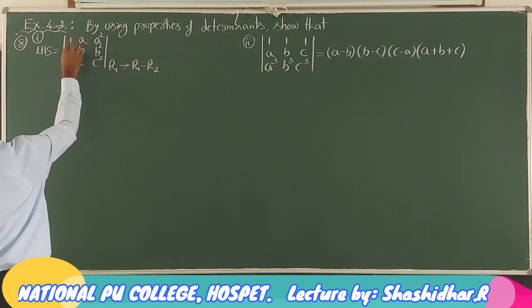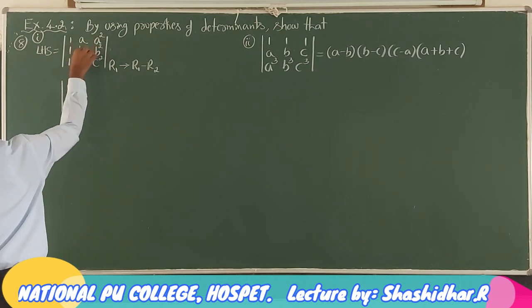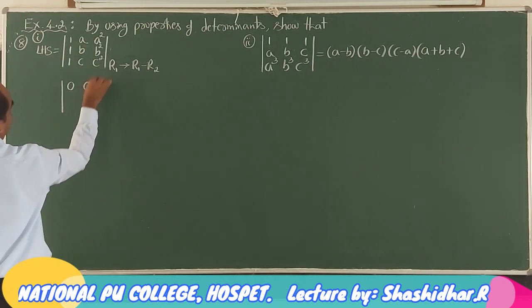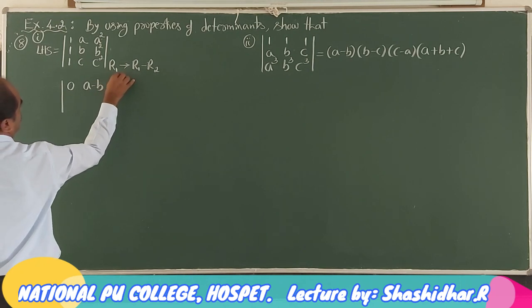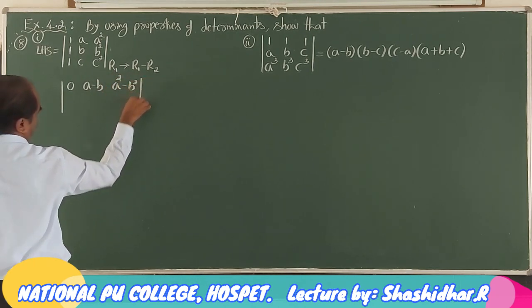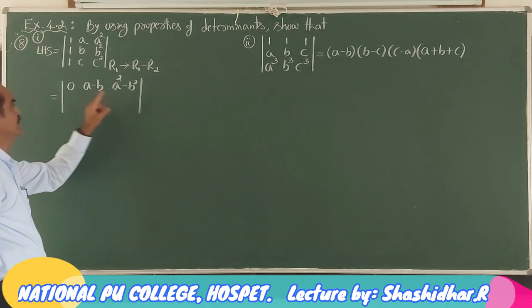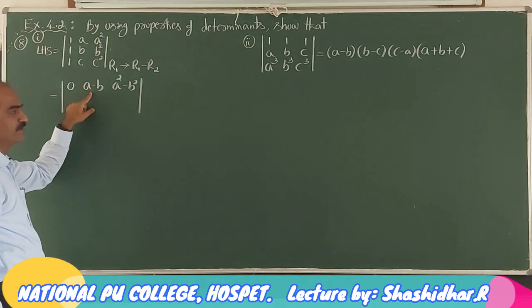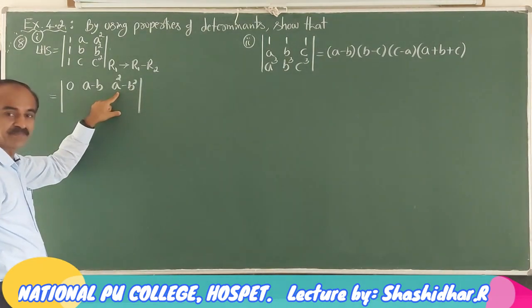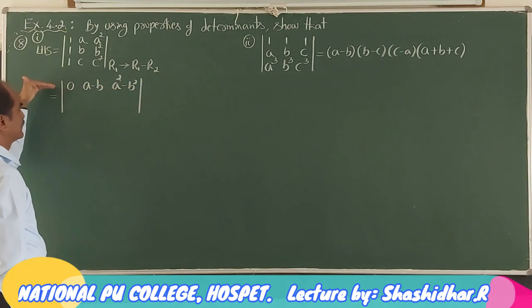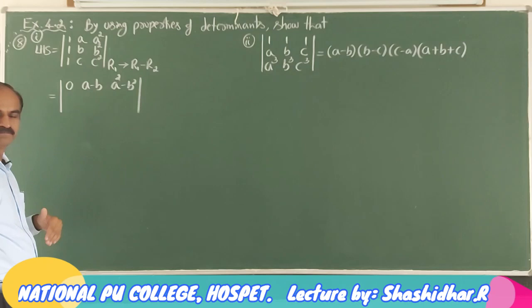This element 1 minus 1, 0, a minus b. This is a square minus b square. Are you able to see a minus b factor here? Yes, 0 into a minus b, 1 into a minus b. This is a plus b into a minus b. I can take out that a minus b factor outside.